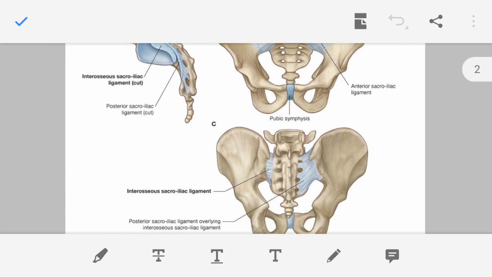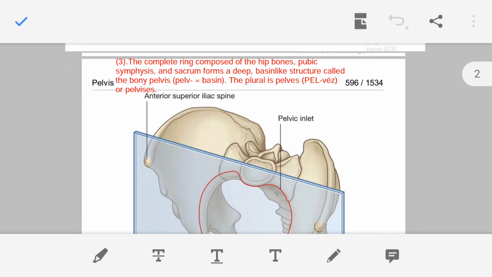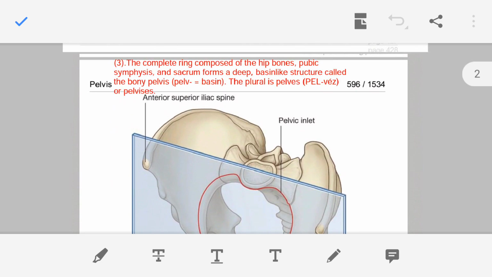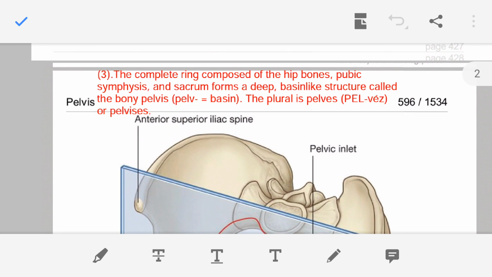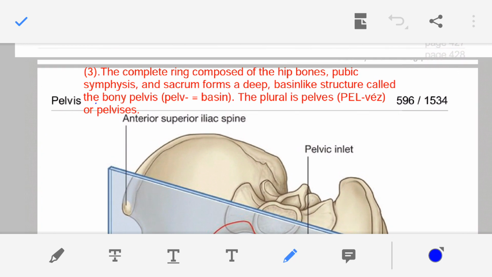Now moving on to the third point of our discussion. The third point is regarding the bony pelvis. What is the meaning of this bony pelvis and what is its shape, how does it look? That is the question.